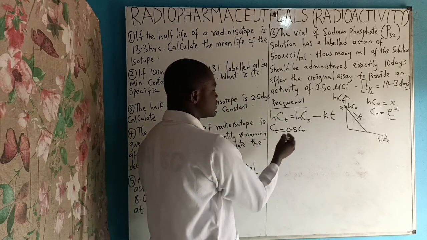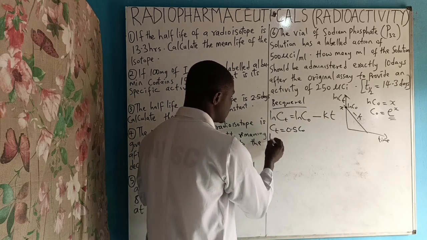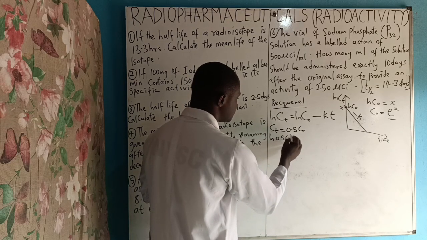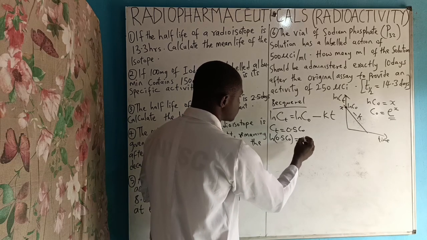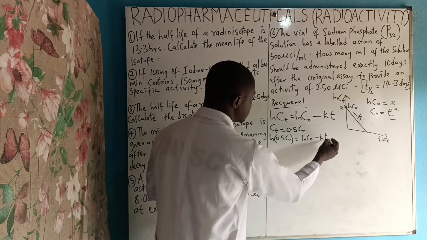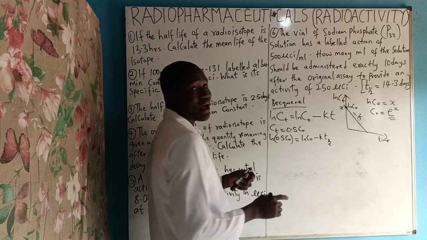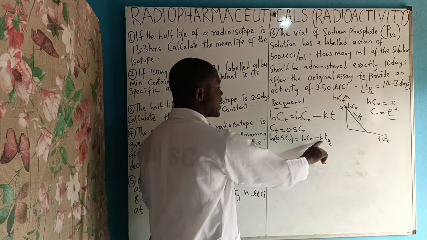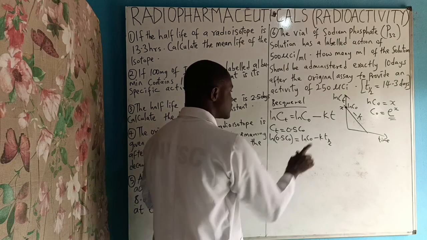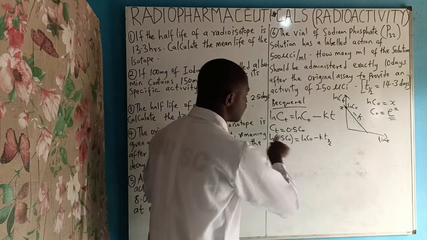And so when you put it here, you say that ln 0.5 C0 equals ln C0 minus kt half, because you are talking about half-life. This k is called the rate constant, or the decay constant, of that first order reaction equation.